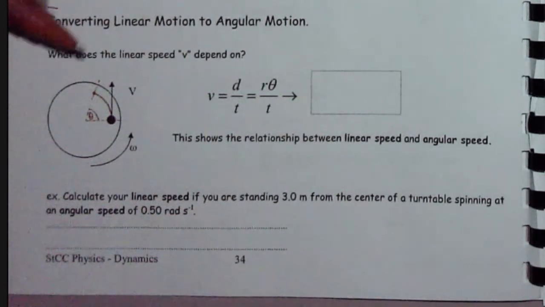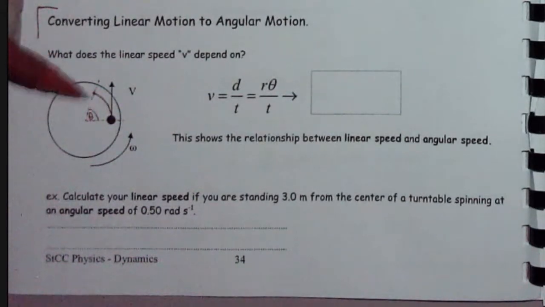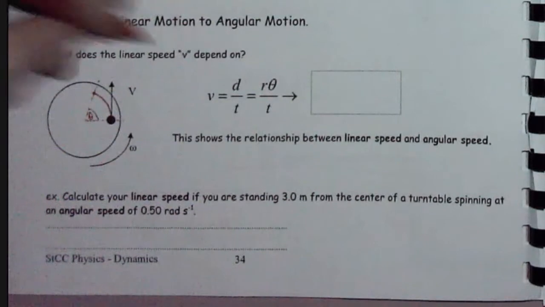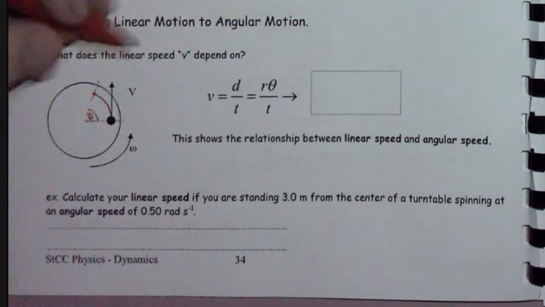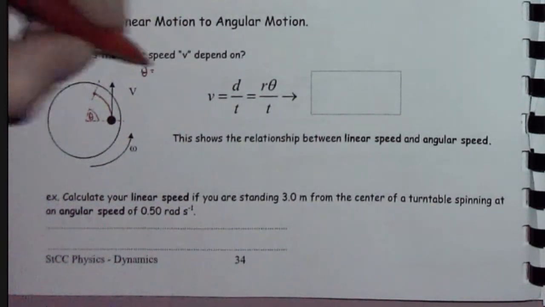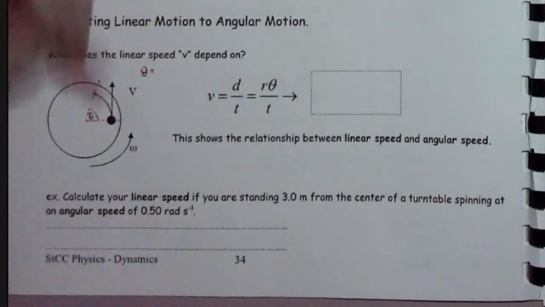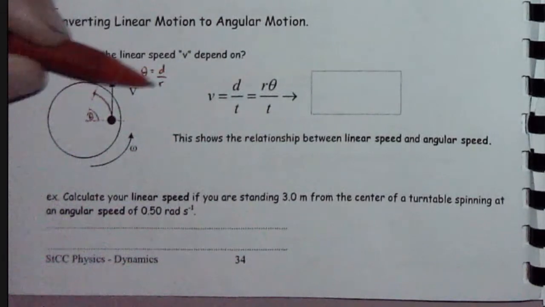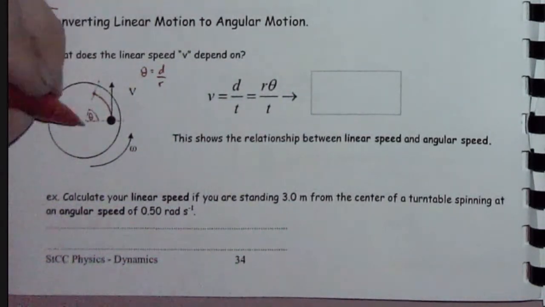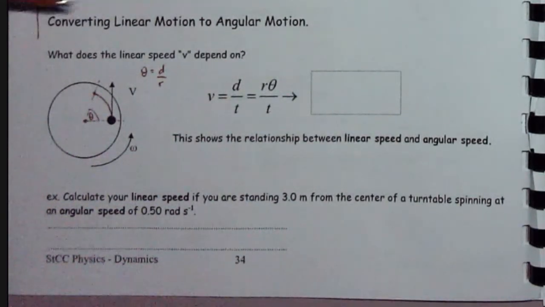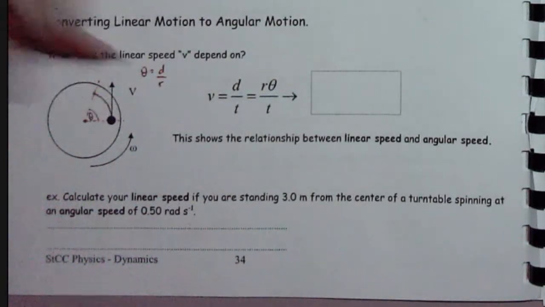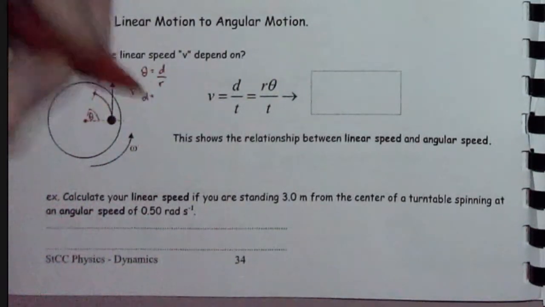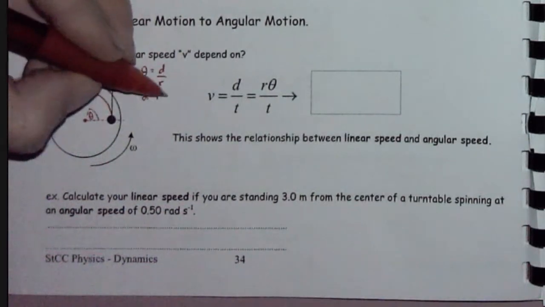The distance is just the radius times the angle, because that's how we define the arc length. Remember that the angle is equal to the arc length, or the distance in this case that the object's moved, divided by the radius, the radius being the distance that it is away from the axis at the center. So the distance is just going to be equal to r times theta.